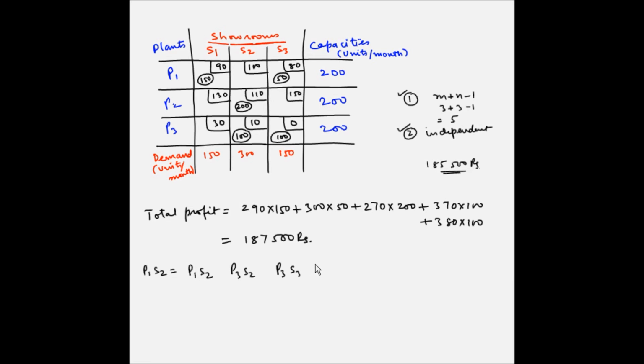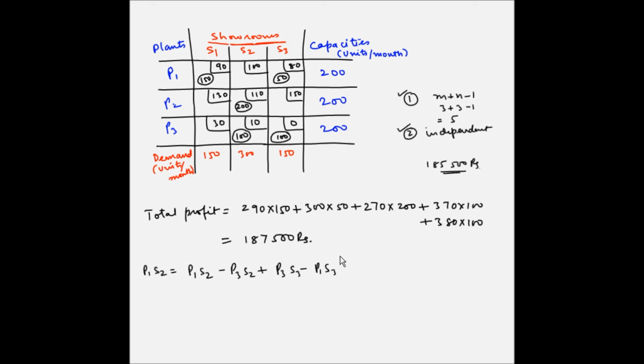Next we have to assign alternate plus minus sign on the closed path, starting with a plus sign on the water square. So this is plus, minus, plus, minus.